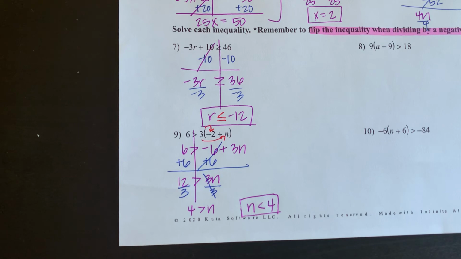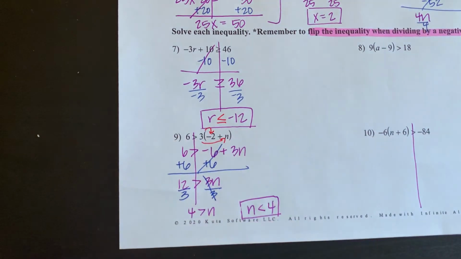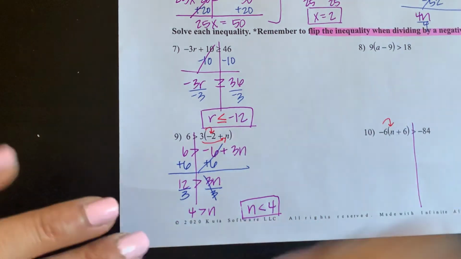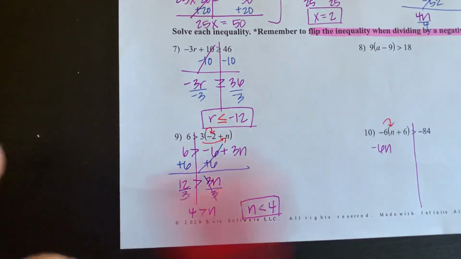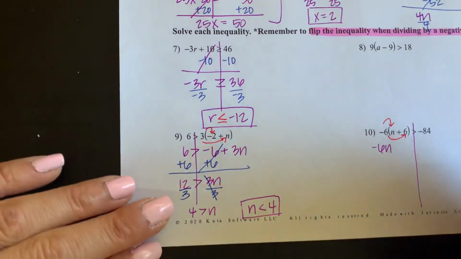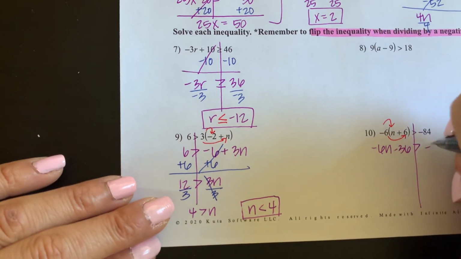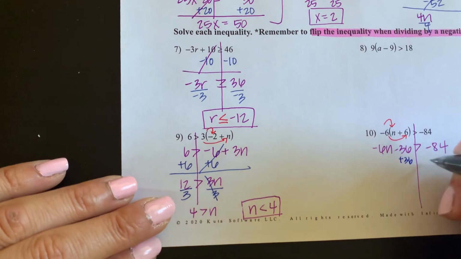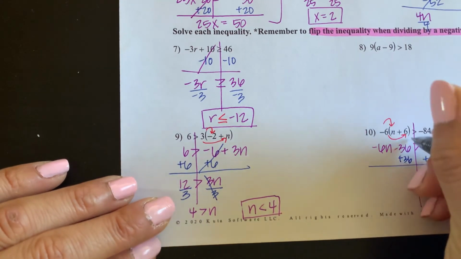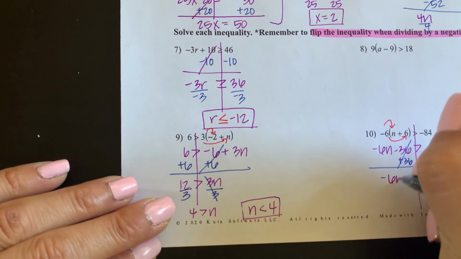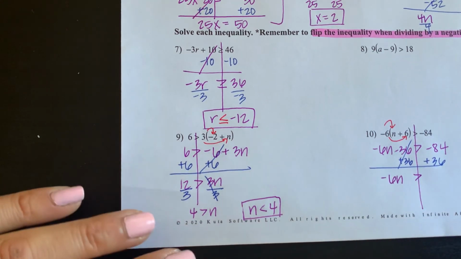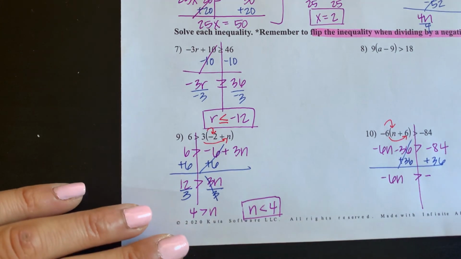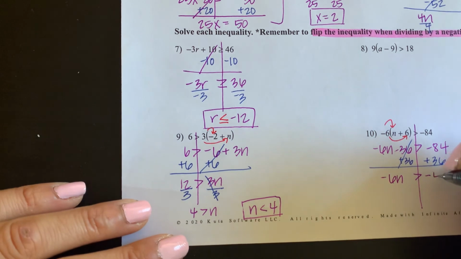The last one that I'm going to go over is number 10. Distribute: negative 6n minus 36 greater than negative 84. Add 36 to both sides. Negative 6n is greater than negative, what is that, 48?